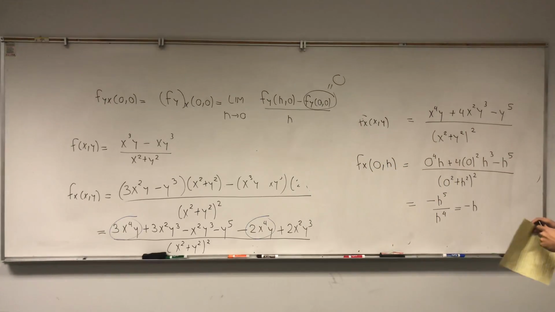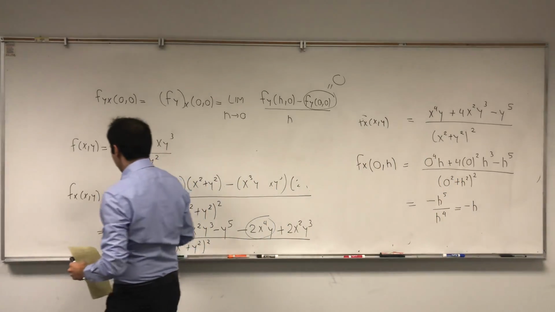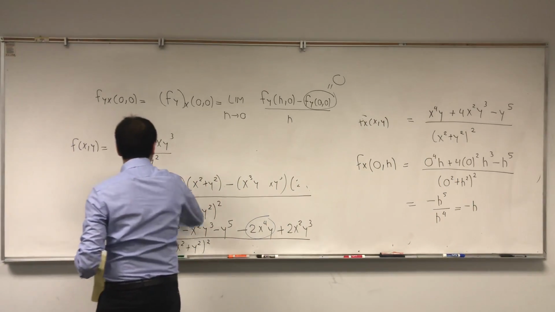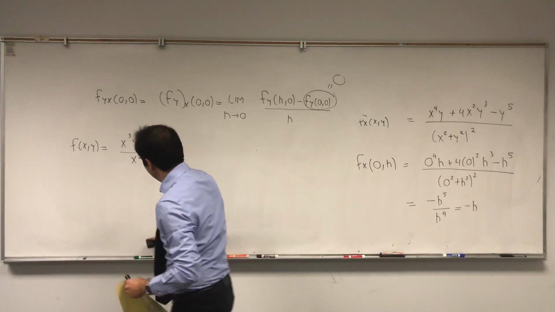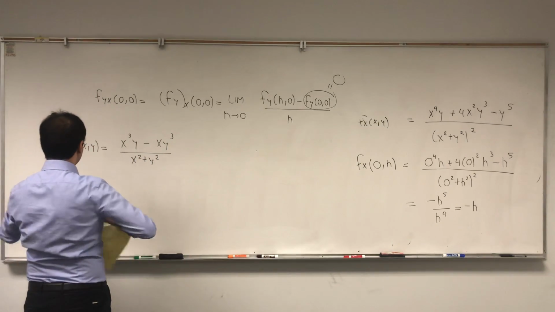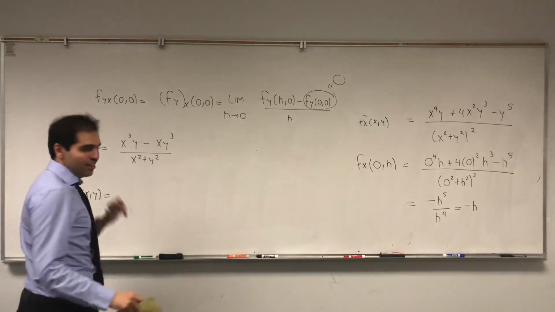And now all we need to do is calculate f_y. So this is our formula for f. All right. f_y is x y. Again, let's use the quotient rule.